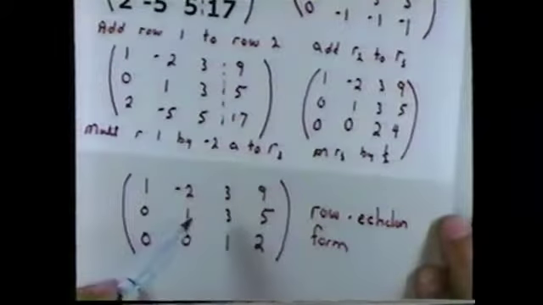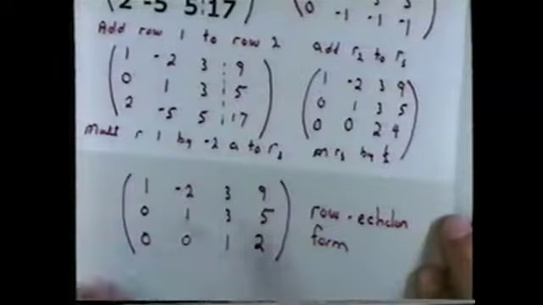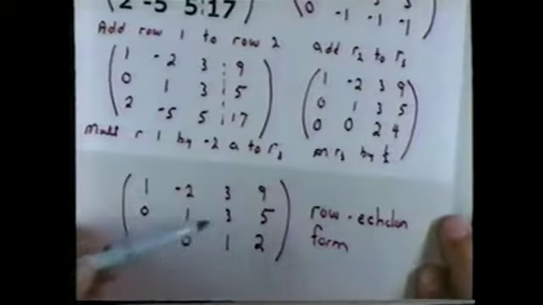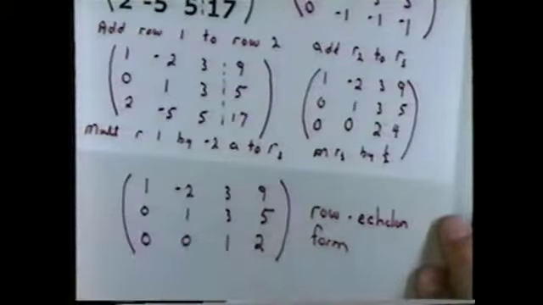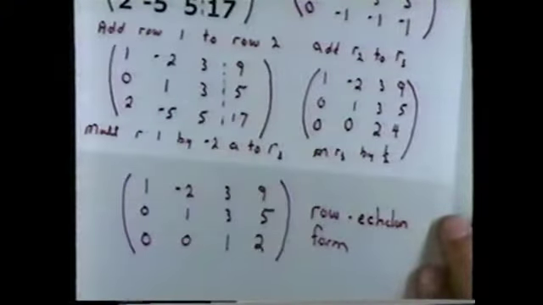So it could be 1, 1, and this could be 0. Let's go all ones on the main diagonal, ones or zeros. And any zeros come at the end of it. And then below the main diagonal, all zeros. That's row echelon form.